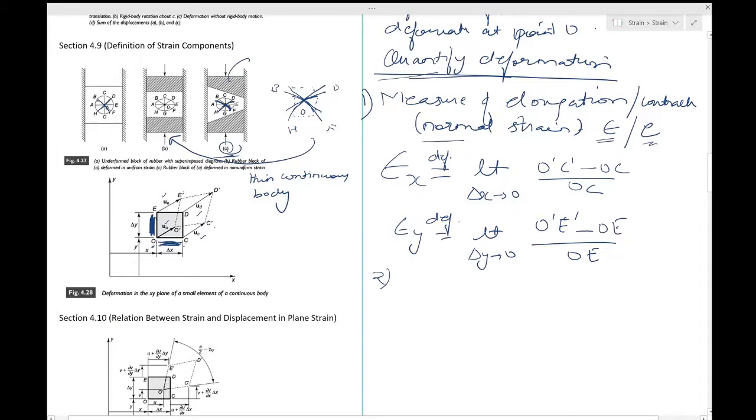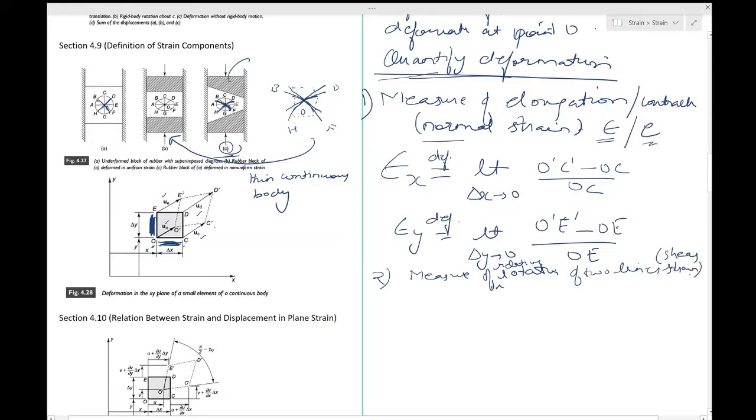which is about the measure of rotation of two lines. Let me put this word: relative rotation of two lines, and this is called a shear strain.